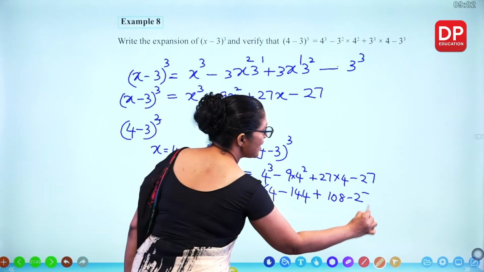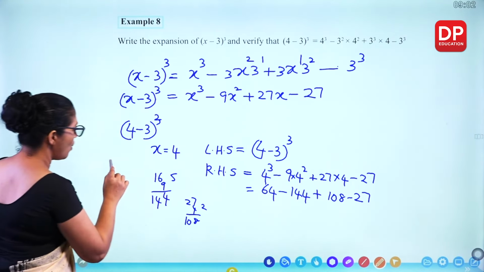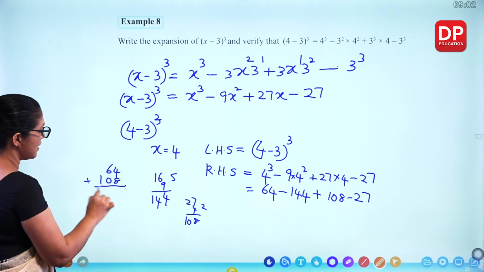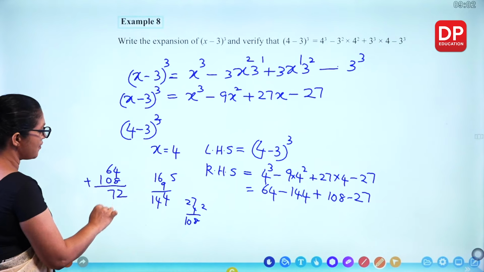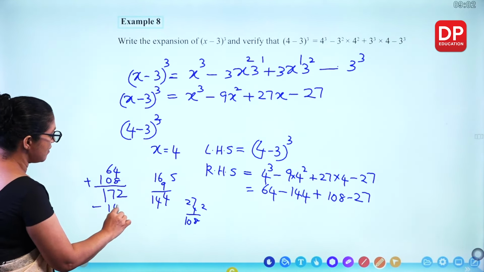And then minus 27. Now simplify this one. 64 plus 108. What do you get? 172. Subtract 144.